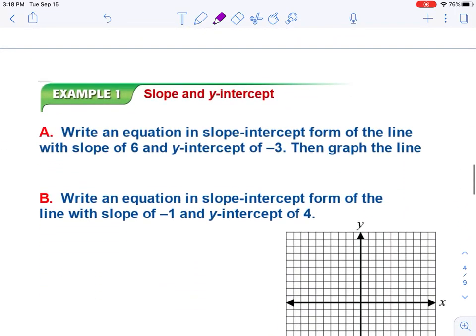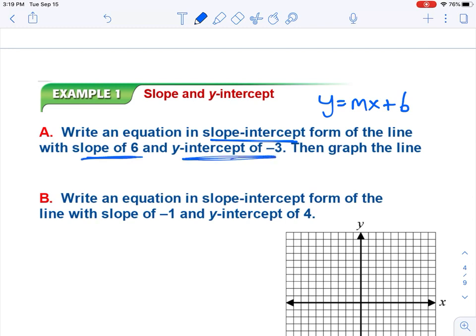So we're going to start with some easy ones here. We need to write an equation in slope-intercept form, that is y equals mx plus b. Mathematicians aren't very creative, so slope-intercept form literally tells us the slope and the intercept of our equation. And we are given the slope is 6 and the y-intercept is -3.